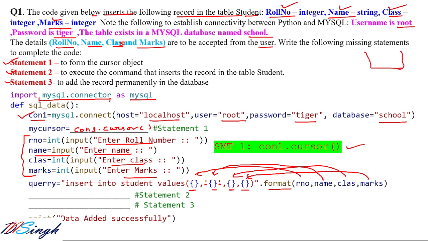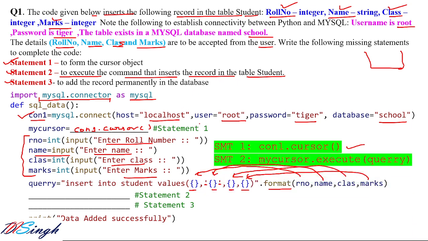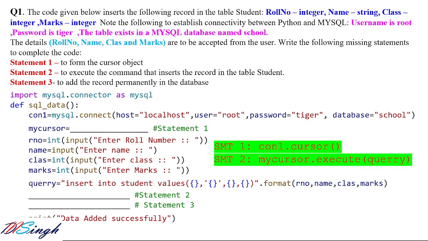Let us look at statement 2, which asks to execute the command that inserts the record inside the table student. How can we execute? With the help of the execute function. But the execute function will be called through the cursor object. So the cursor object is used to call the execute function.